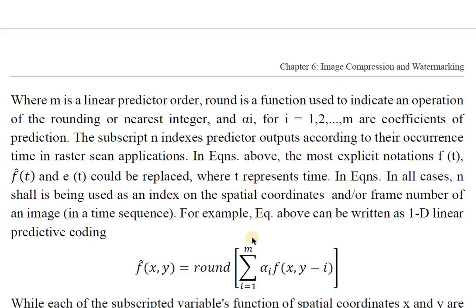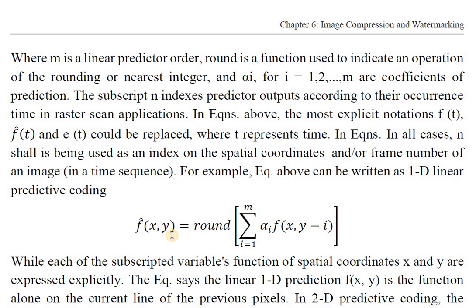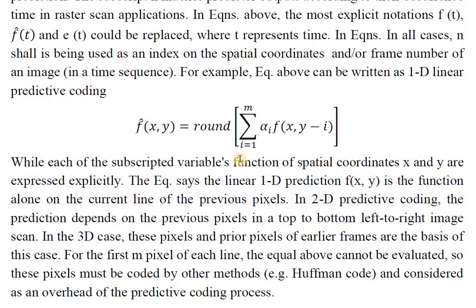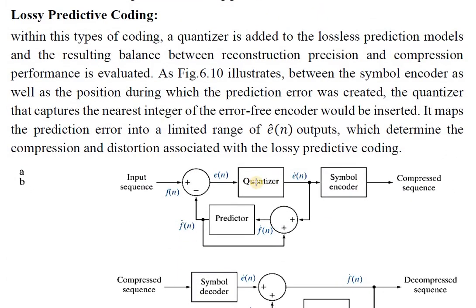Okay, now in case we are having x as well as y, then how will the equation look? In 2D the predictor will become, for i is equal to 1 till m, alpha i f of x comma y minus i.